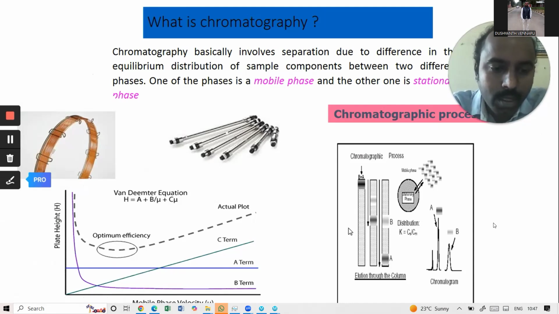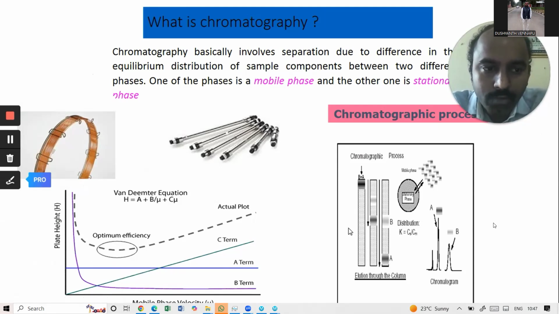Now your analyte will be partitioned between stationary phase and mobile phase. If its distribution is more in the mobile phase, it will be eluted. If its distribution is more onto the stationary phase, it will get retained. This is the fundamental definition of chromatography.